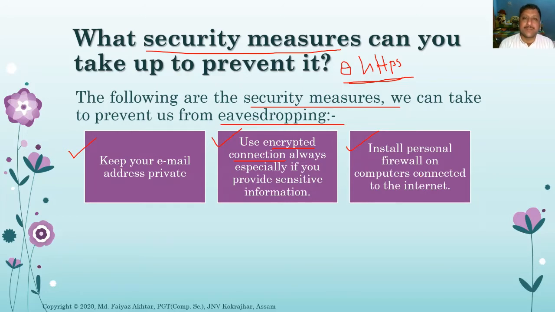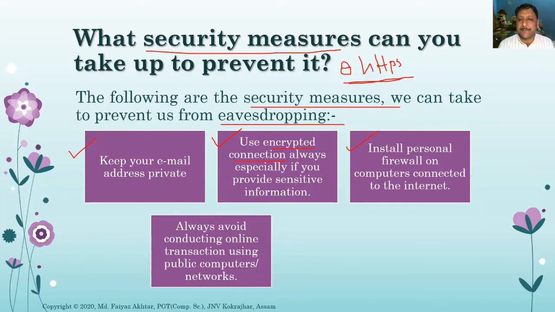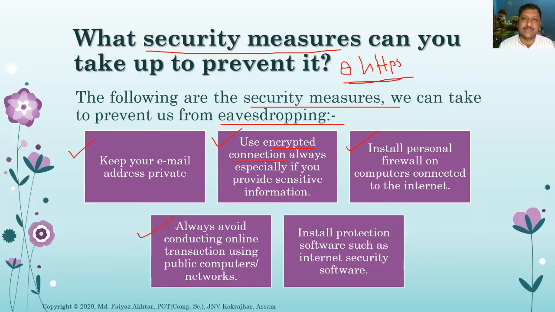This will secure your information. Next, always avoid conducting online transactions using public computers or public networks. Online banking transactions, never use public Wi-Fi, public networks, never even use public computers. These will help you to protect your sensitive information.